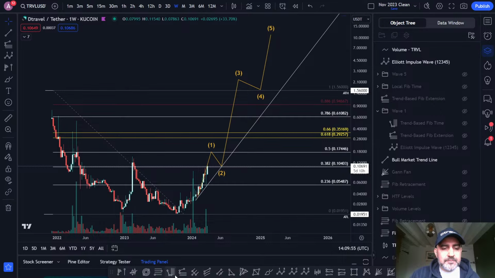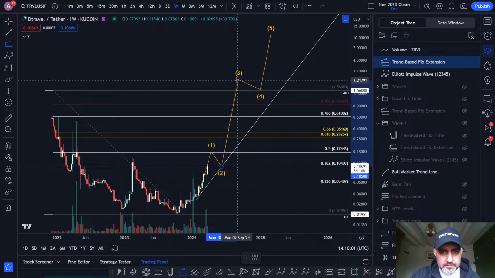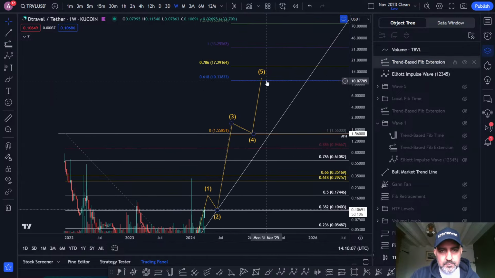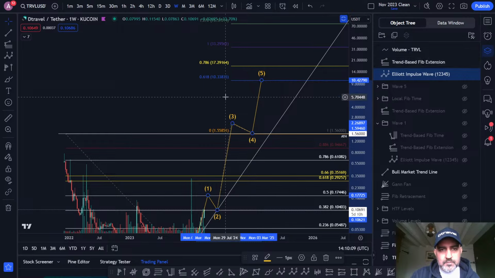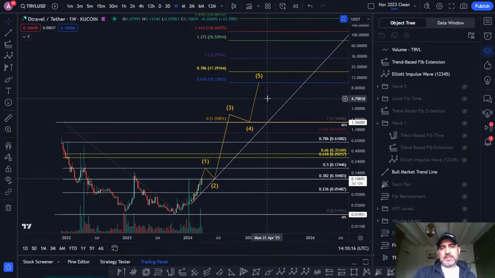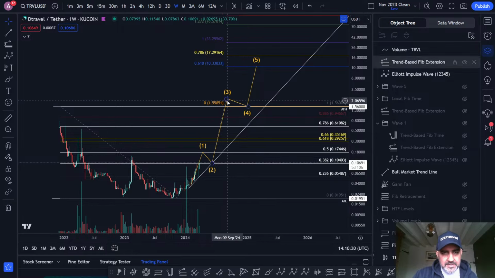And then push up to $10. 9, 10. It depends on the 4. It depends on the 3 and the 4, how far the 3 and the 4 go.